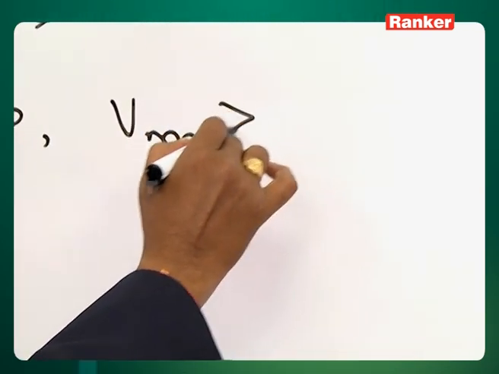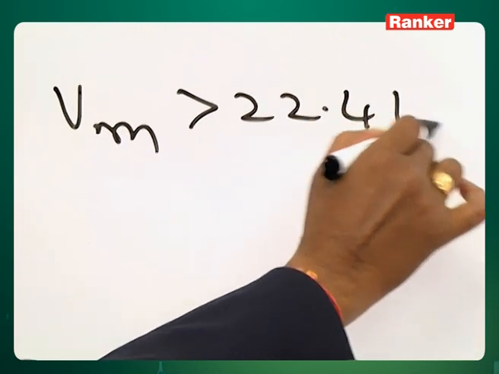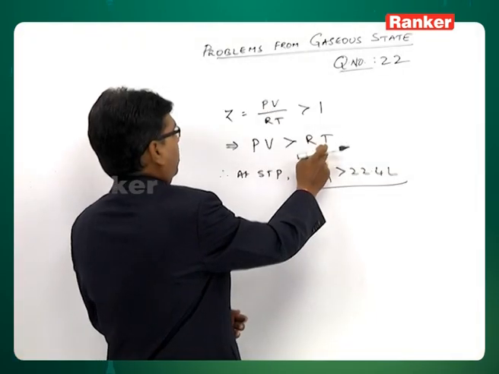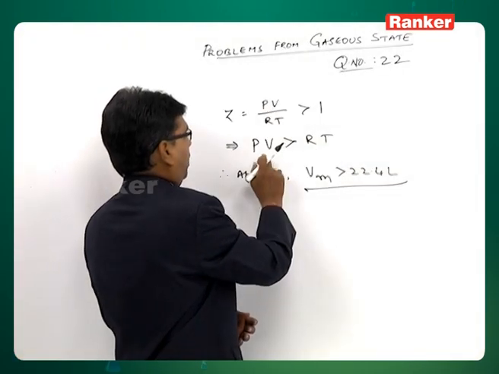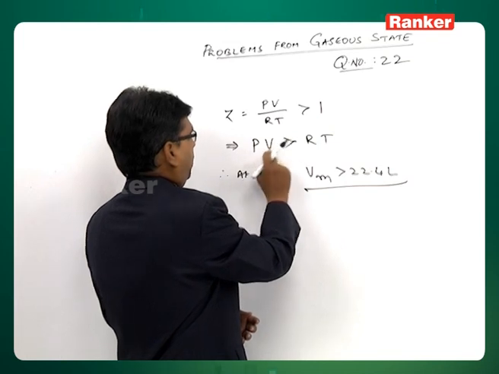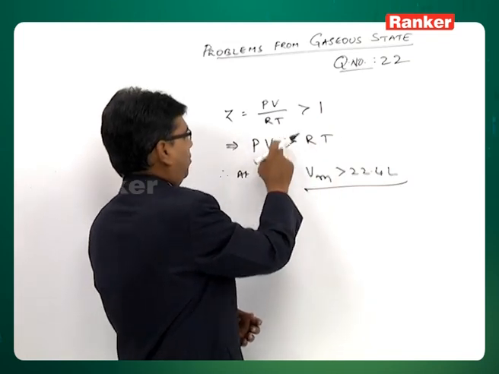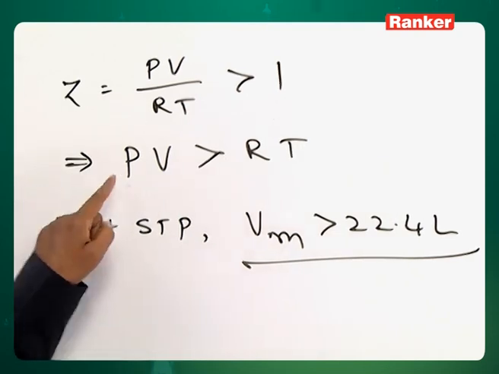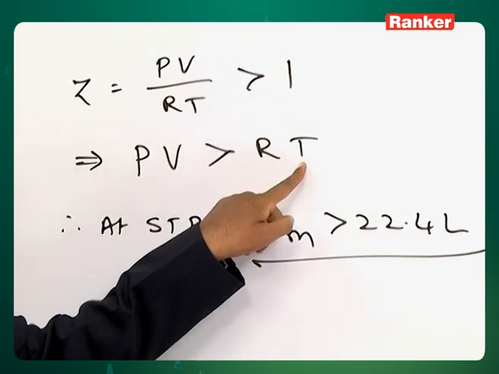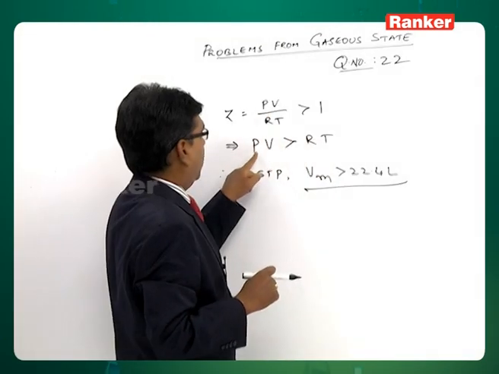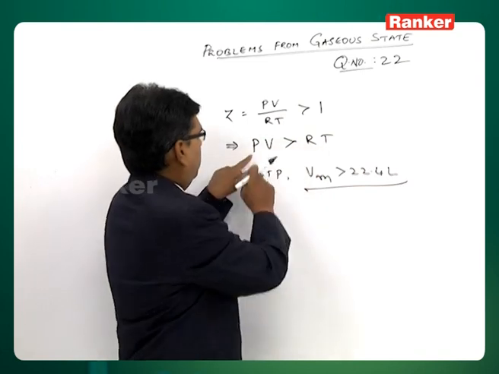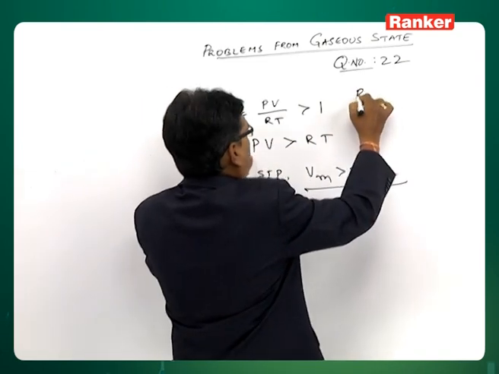Vm must be greater than 22.4 liters, because at STP if you make PV equal to RT, then V you will get as 22.4.